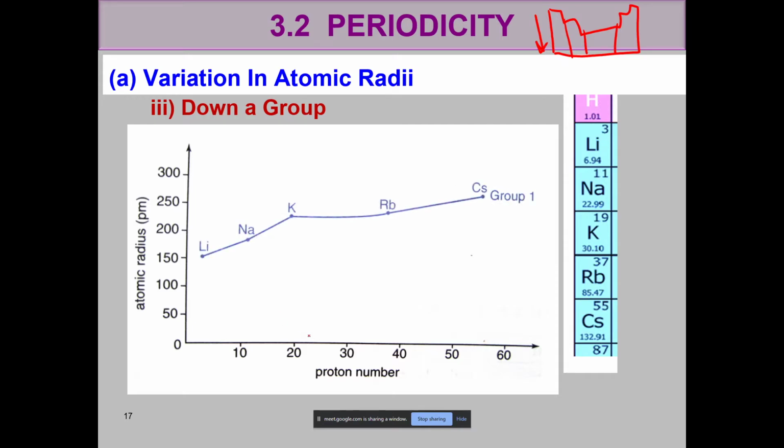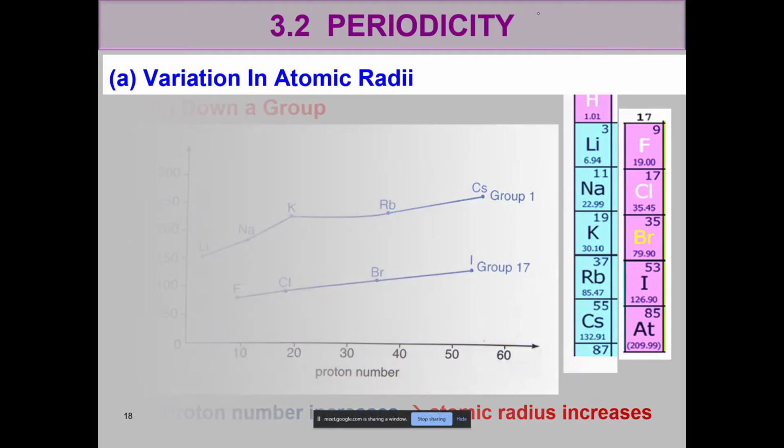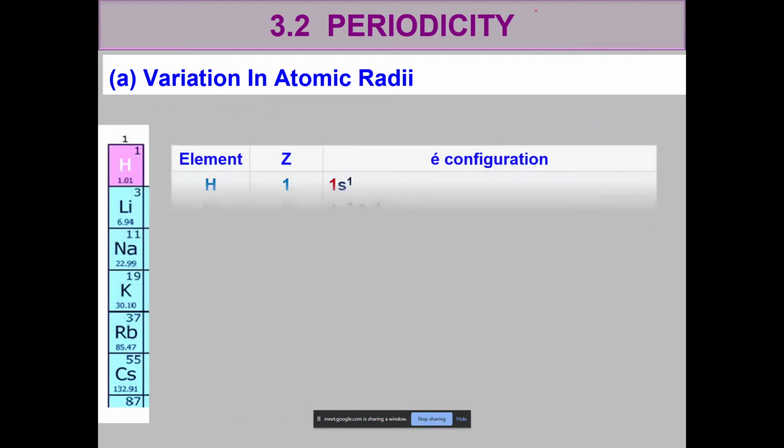Kalau you guys tengok, the trend actually going down a group, dia punya sizes bertambah. Sizes dia makin besar. Why it is the sizes makin besar? Tak kisah any group makin bawah makin besar. Okay, down a group, okay, kenapa size dia makin besar?